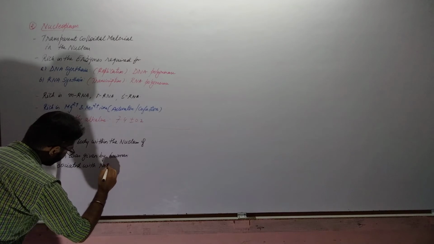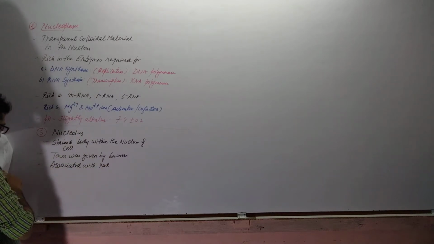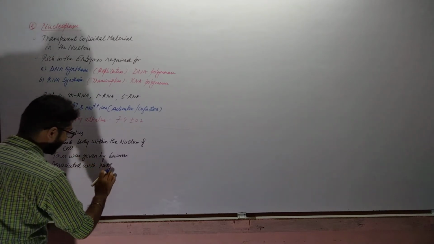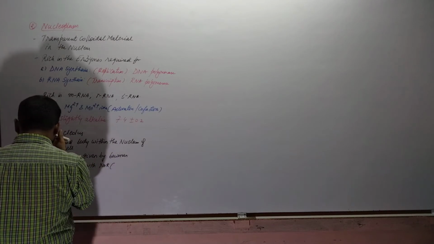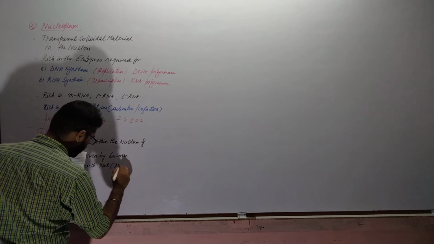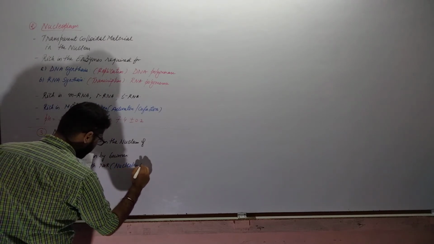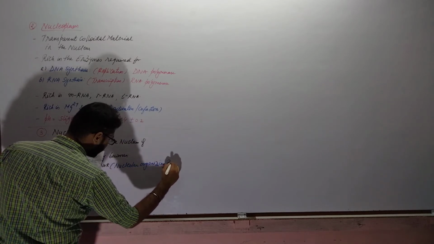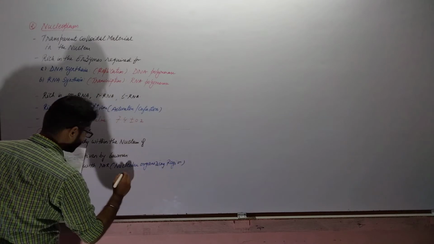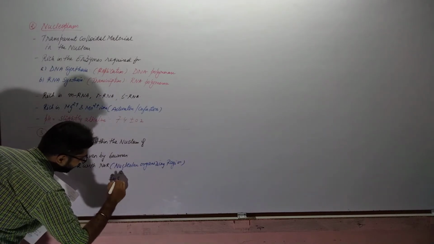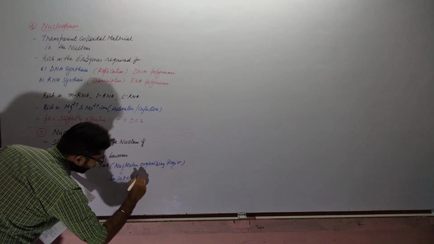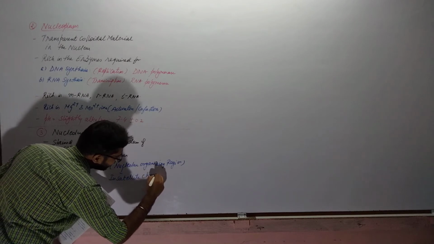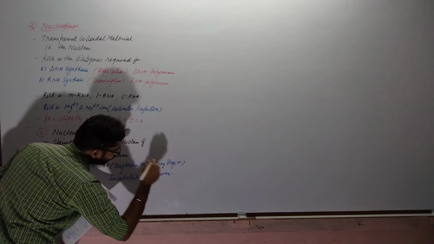The NOR full form is very important. See, all these things are not given in NCERT, but they are required. Nuclear organizing region, where the satellite DNA or the satellite chromosomes are present.